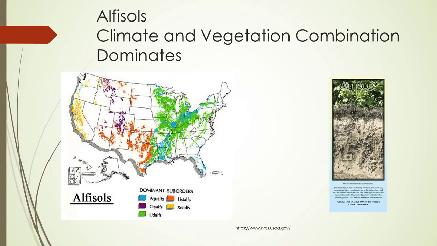Alfisols, these are also climate and vegetation combination dominations. This is in forest or savanna vegetations, clay in the subsoil, and generally very fertile. And so that's going to be again near the Mississippi Valley.